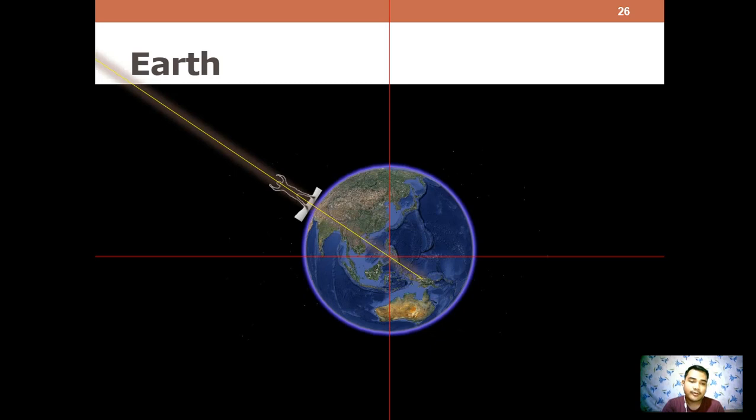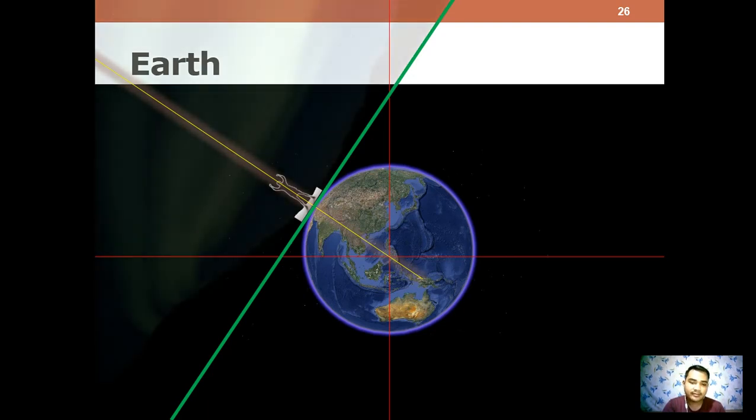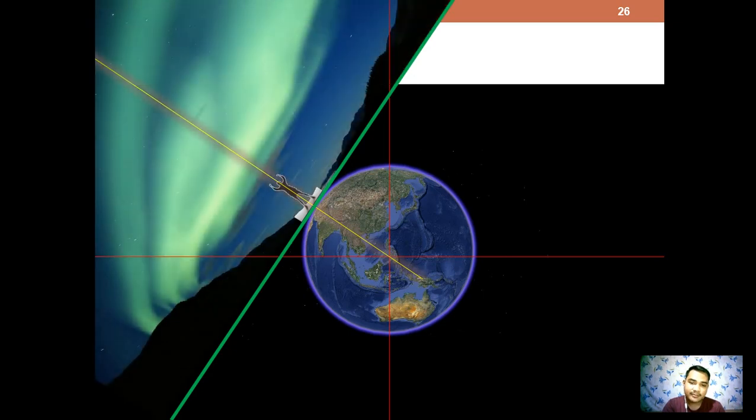If you set up an axis there, what is above you is the zenith, right? And below is the nadir. And that green line is what we call the horizon. The horizon is what you see depending on where you are located.